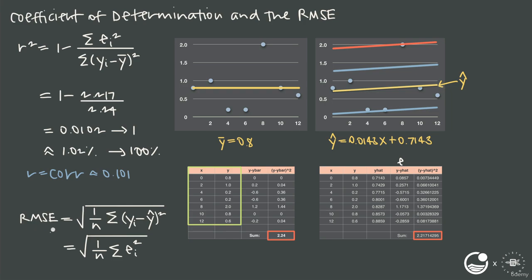So notice here that to calculate root mean squared error, or root mean square deviation, we just take the y minus y hat quantity squared values. We already have those in this last column here. We add them all up. Notice this formula tells us to sum those. The sum is about 2.217. And then we divide that sum by the number of data points that we have. In this case, for this data set, n equals 7 because we have 1, 2, 3, 4, 5, 6, 7 data points.